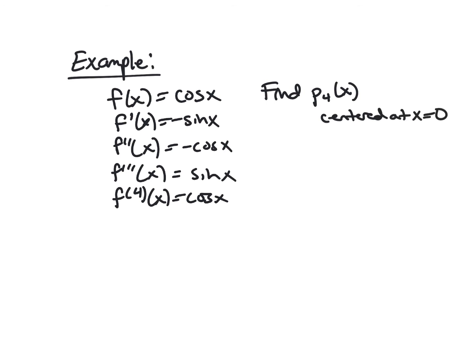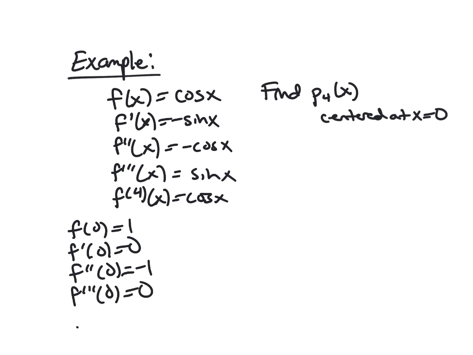Okay, so f of 0 is 1, right? F prime of 0 is 0 because sine of 0 is 0. F double prime of 0 is negative 1. F triple prime is again 0. And then we're back to 1 again for our fourth derivative, right?